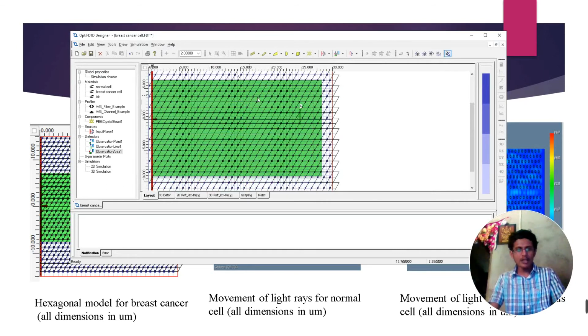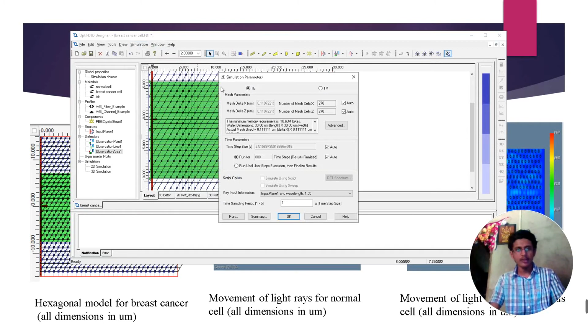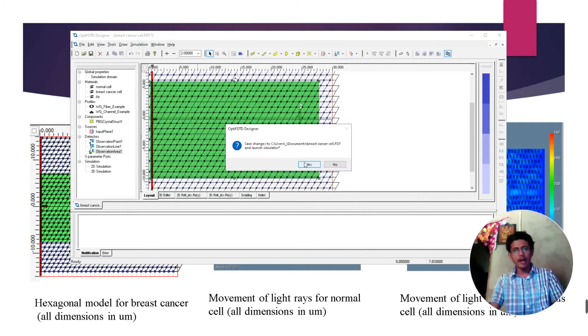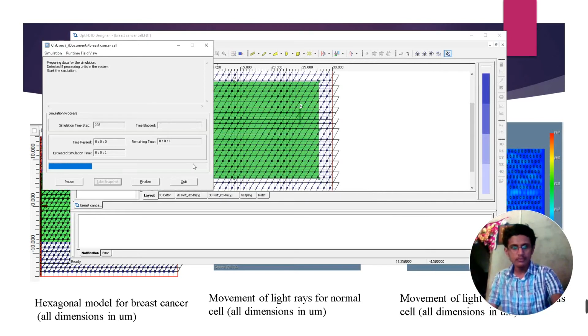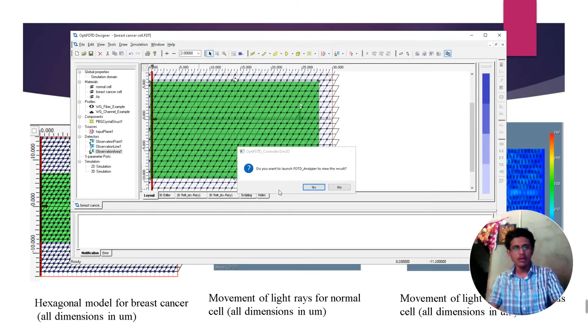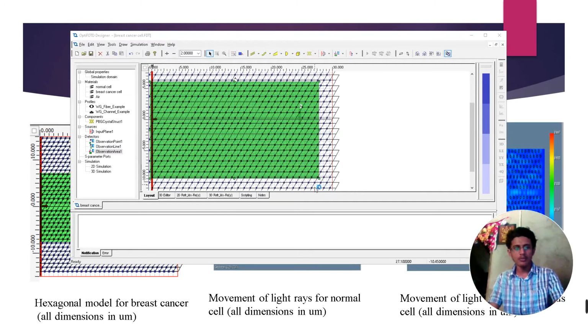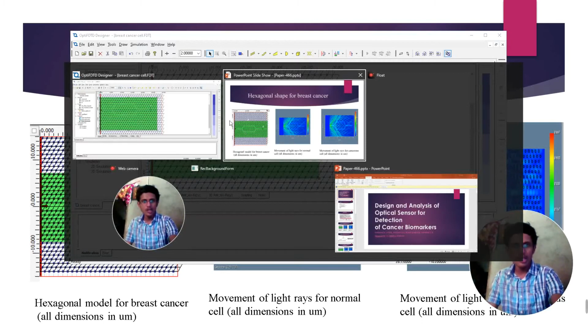By simulating this, I'm going to run the simulation. This is the observation area. Here we will get the simulation result.